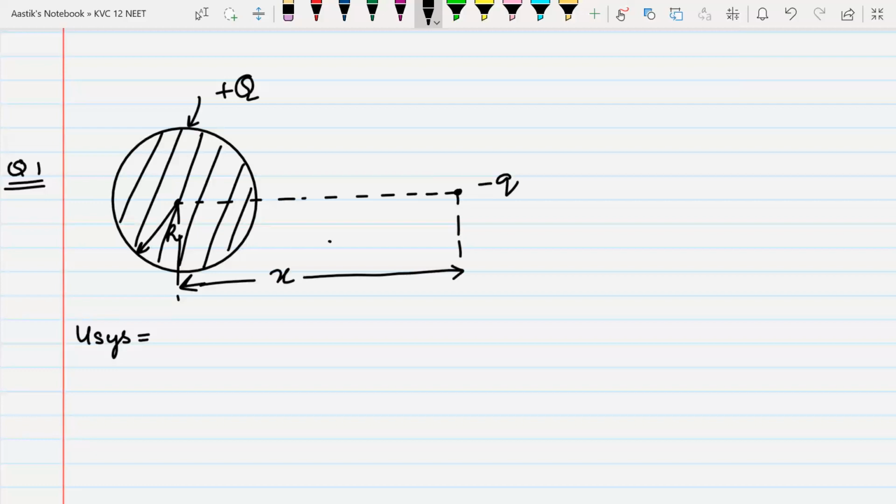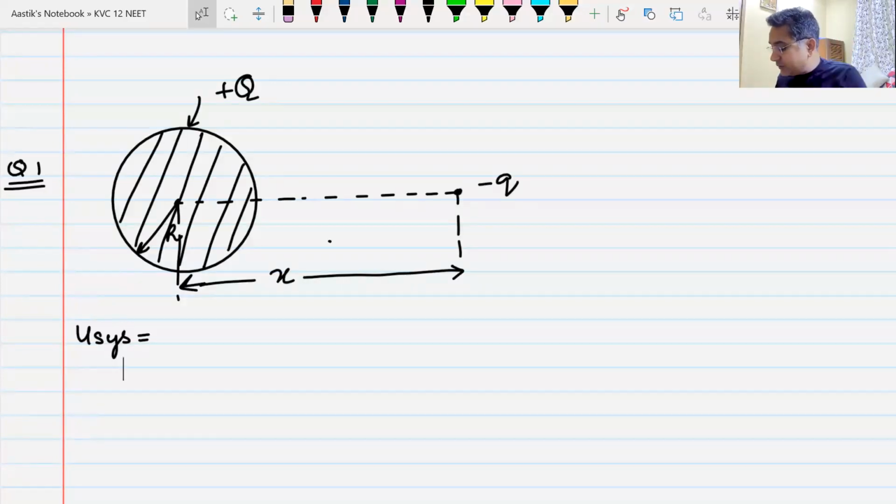What is the answer for this one? Yes, so anyone got the answer? No one?